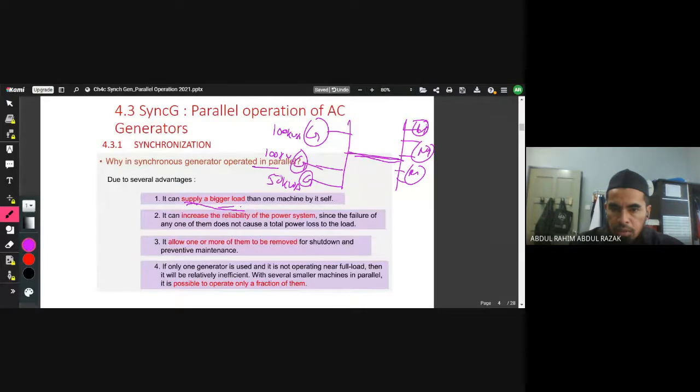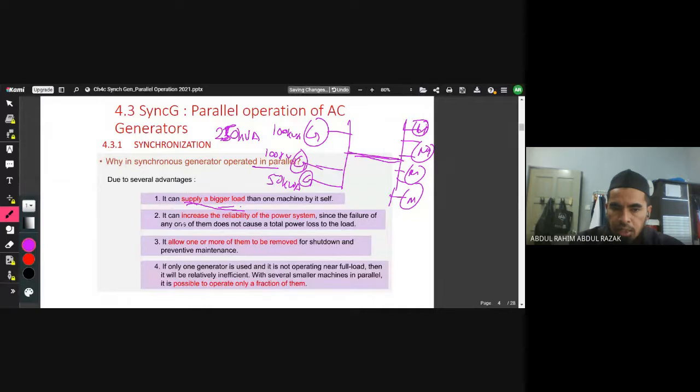So now we have 250 kVA in line instead of a single generator of 100 kVA. So a bigger load can be connected at the end of this transmission line.